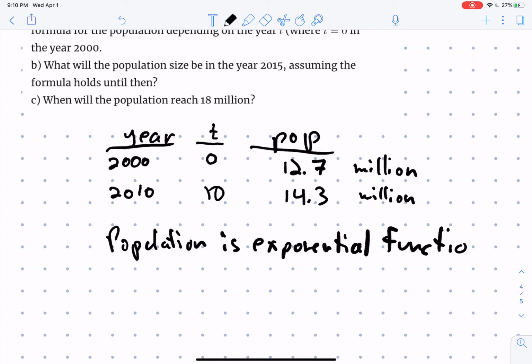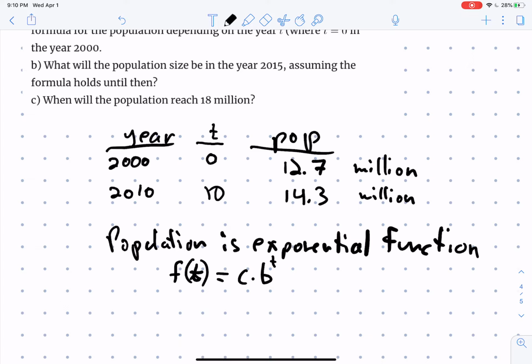If we reinterpret it in those terms, then our function f of x, that's the population, is going to be f of t equals c times b to the power t. In order to get a formula for this population, we just need to figure out what c and b are. This is very similar to the problems we did in the previous video.